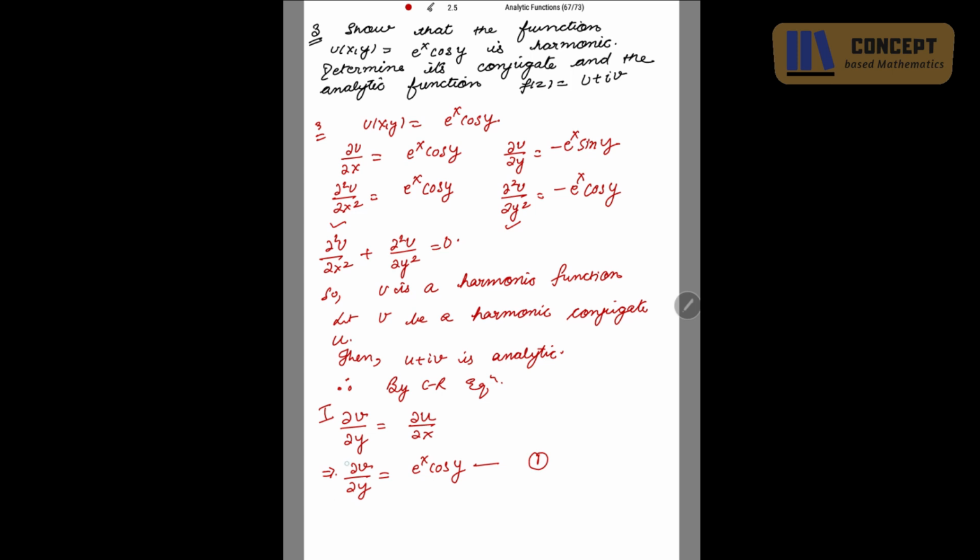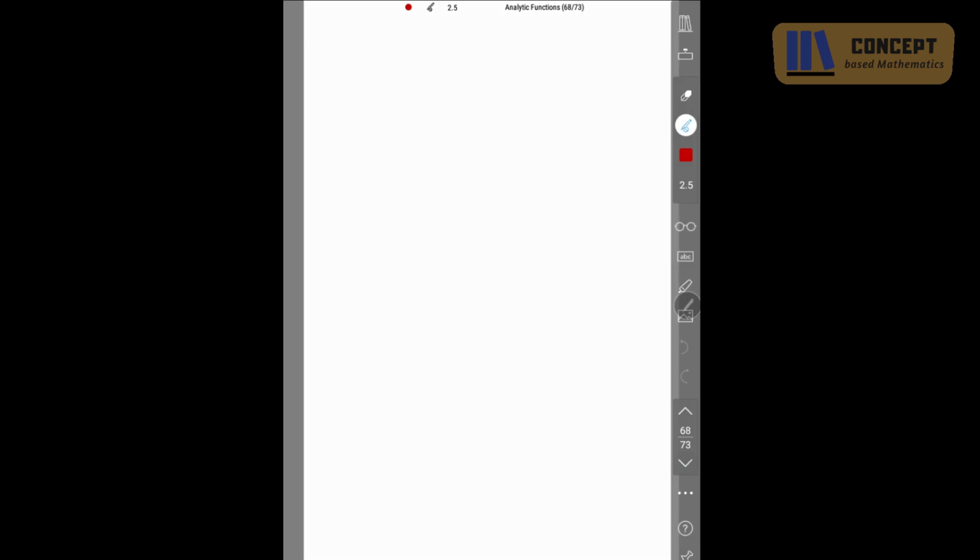Now integrating this with respect to y, v is equal to integral of e to the power x cos of y dy, which is e to the power x. What is the integration of cos y? That is sine of y, plus phi of x. Okay, so v is e to the power x sine y plus phi x.